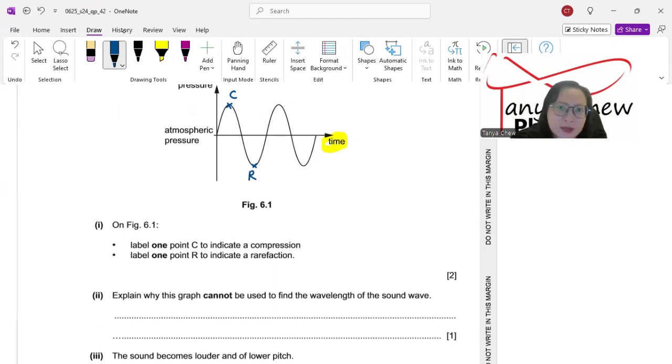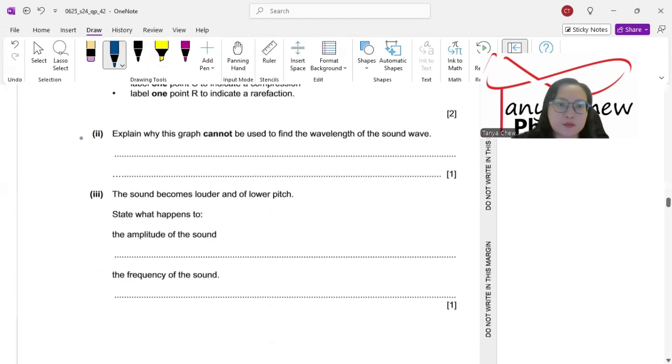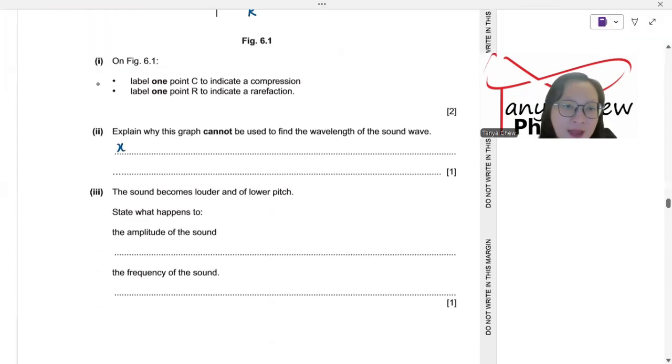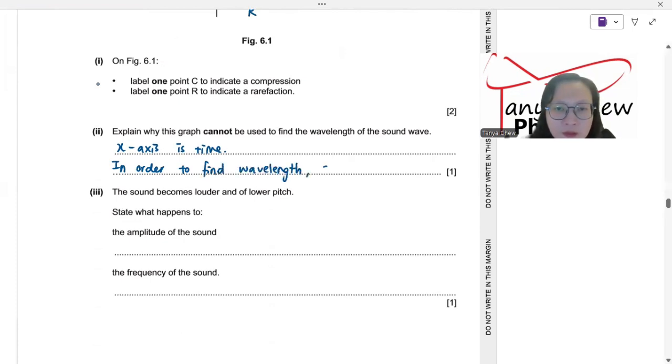There's no way I can find the wavelength. So the x-axis is time. In order to find wavelength, the x-axis must be distance. Remember that.